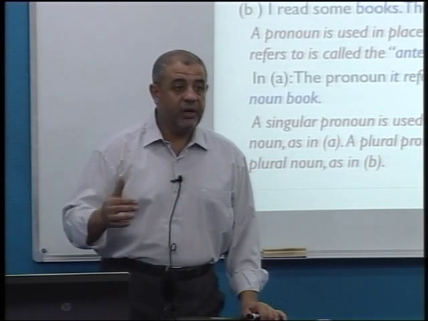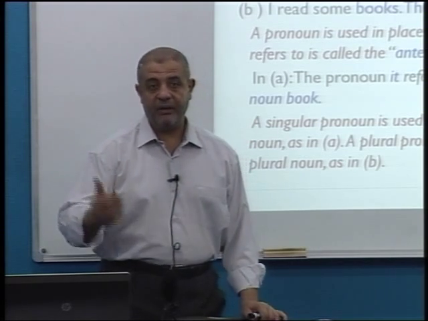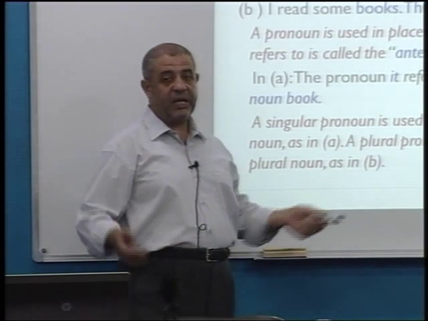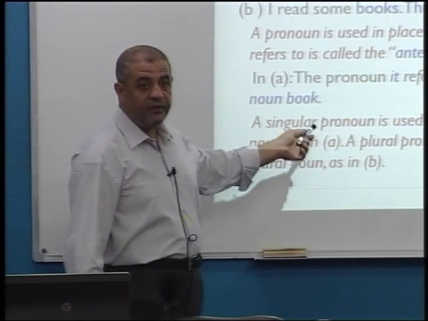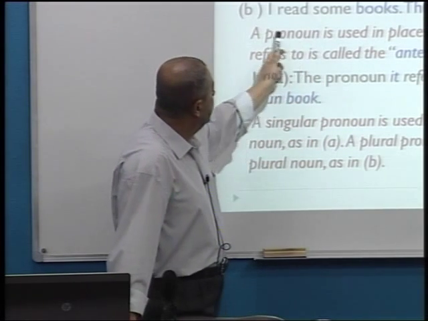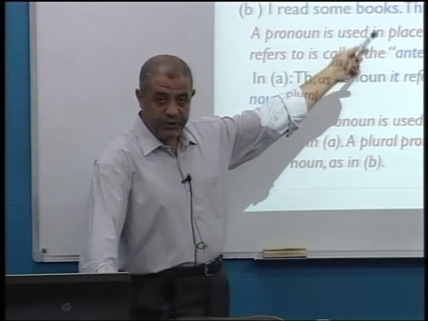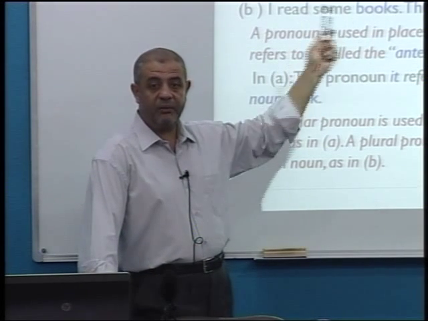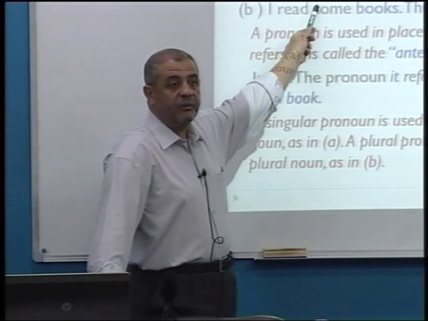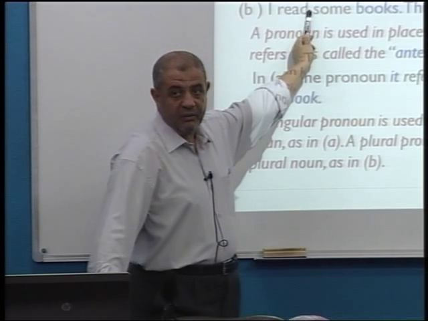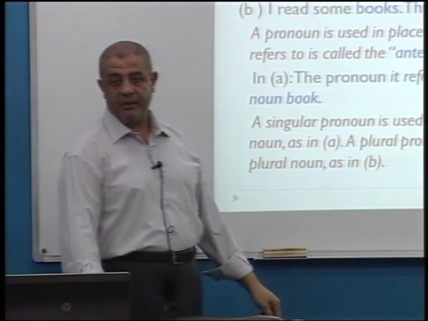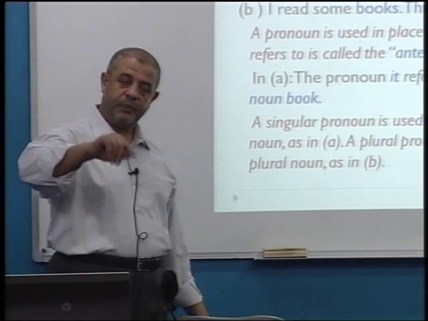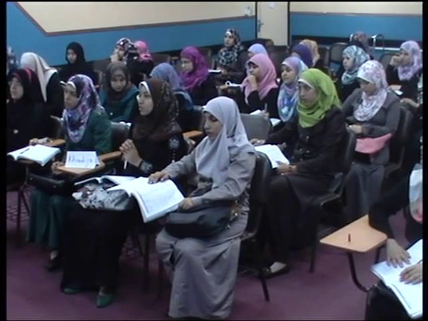It can be singular, can be plural, and it has different types as we saw some minutes ago. In the first sentence, we use a singular pronoun to refer to the singular noun. And in the second sentence, plural to refer to the plural.